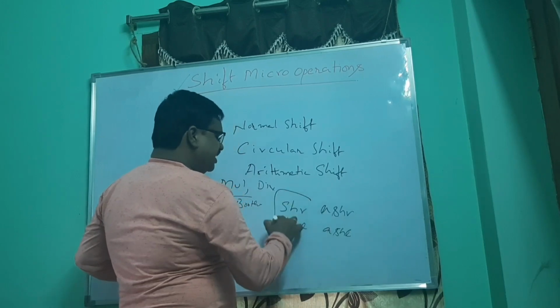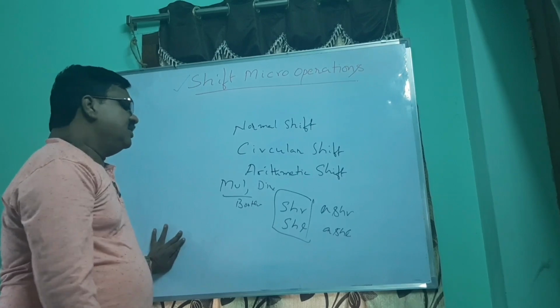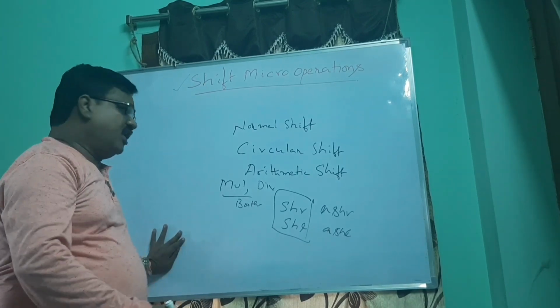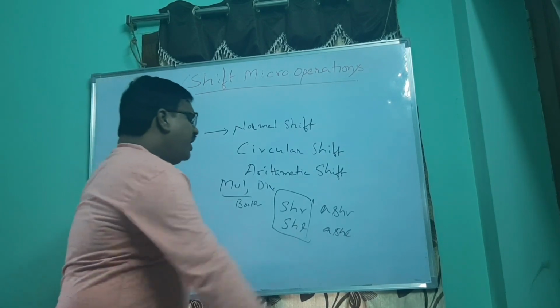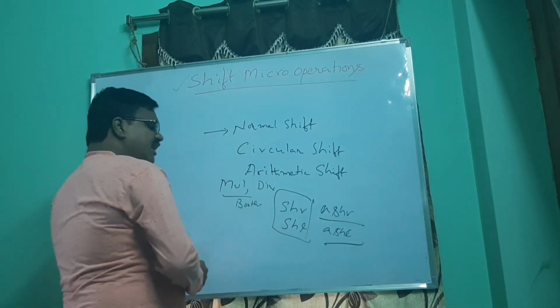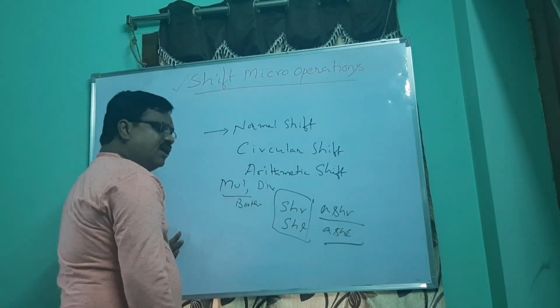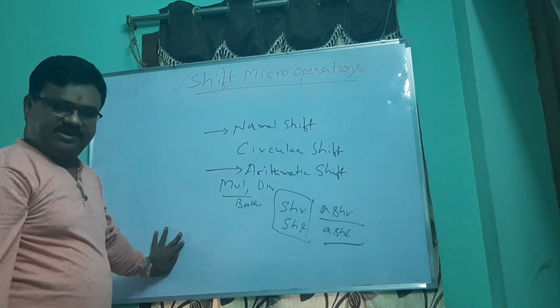SHR and SHL stand for shift right and shift left, and come under the normal shift category. Whereas ASHR and ASHL stand for arithmetic shift right and arithmetic shift left, and come under the arithmetic shift category.